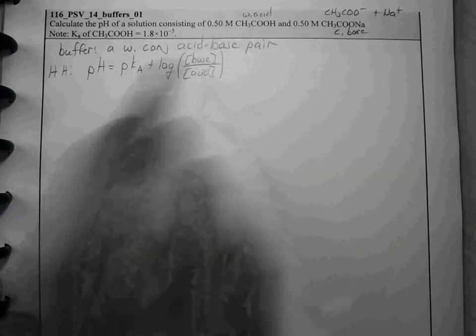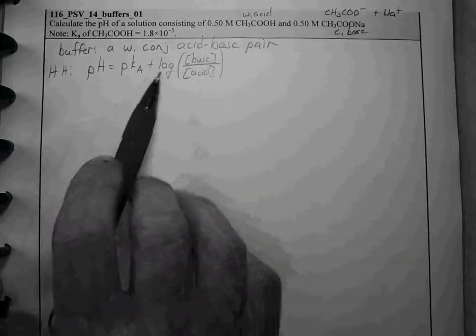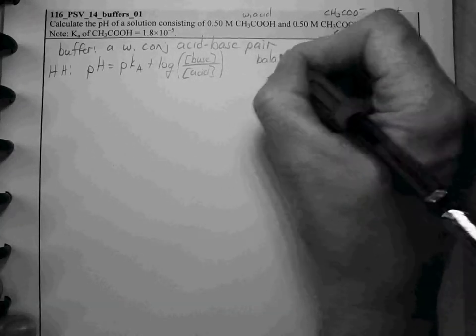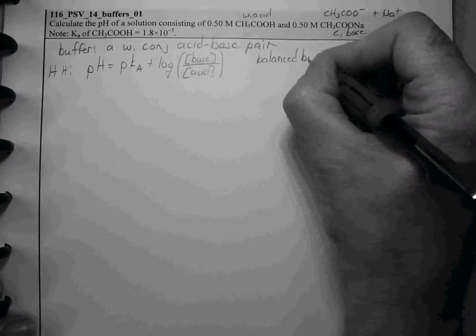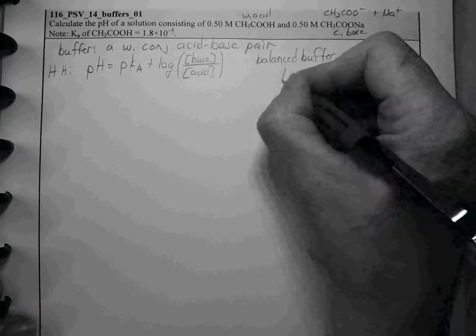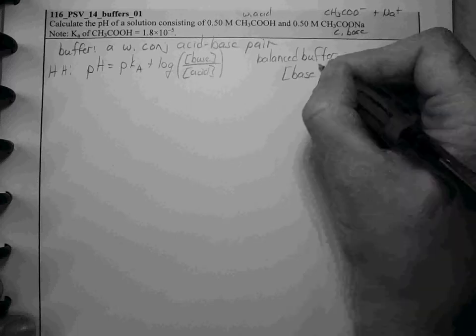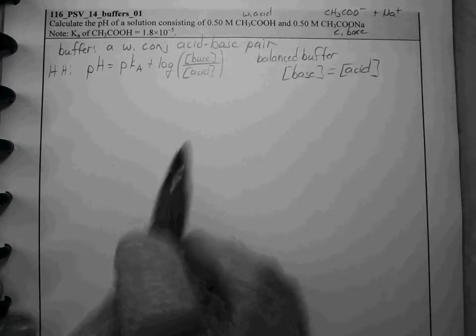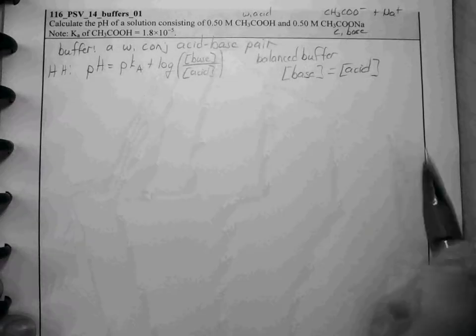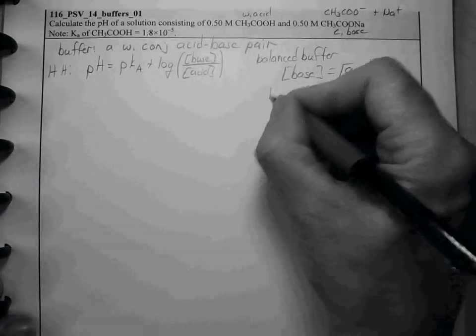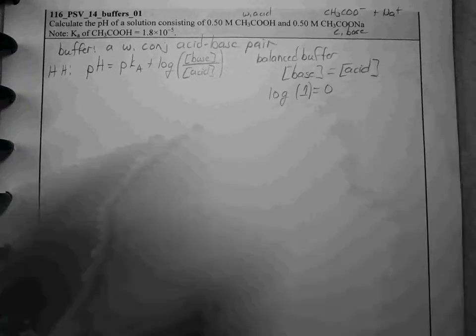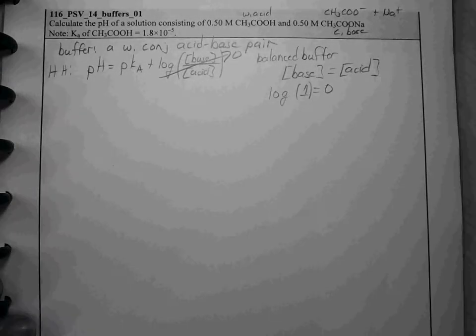Alright, the log of the base to the acid reduces down to log of 1 because we have a balanced buffer, and the concentration of our conjugate base is equal to the concentration of our weak acid. They're both 0.5. So the log of 1, we remind ourselves, is equal to 0. So this whole thing reduces down to 0.